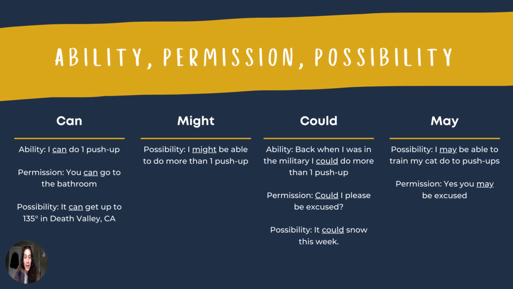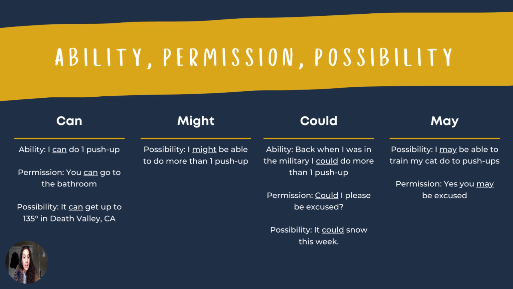Now, I already gave you a clue here, right? Can can be used for ability. So ability, I can do one push-up. I know for a fact that I can do one. Permission, you can go to the bathroom.